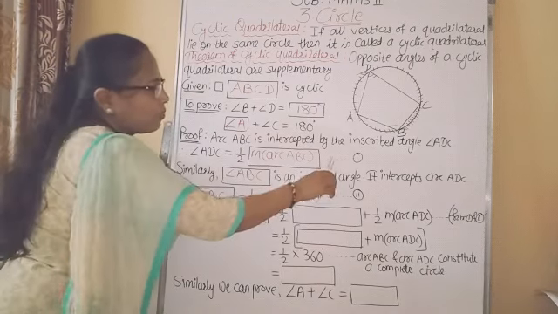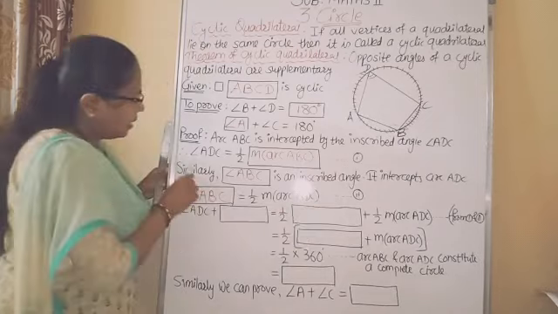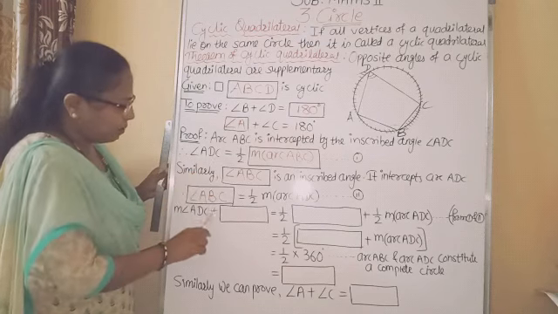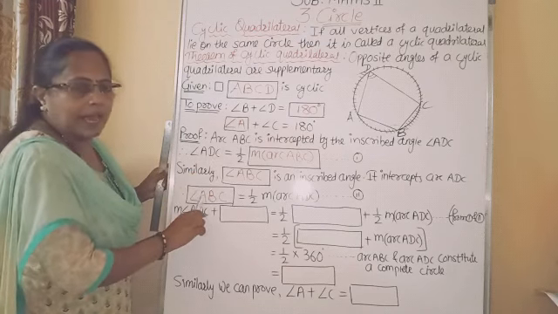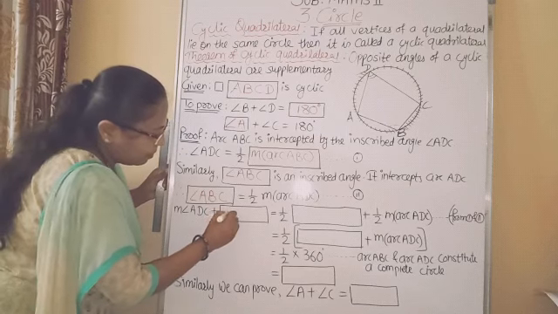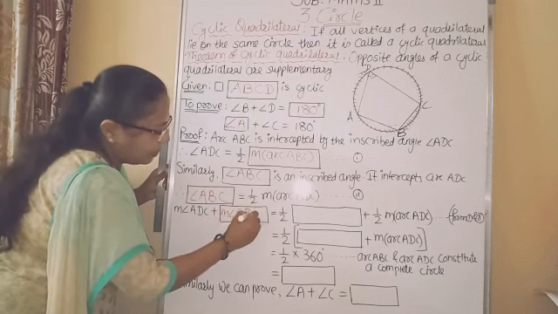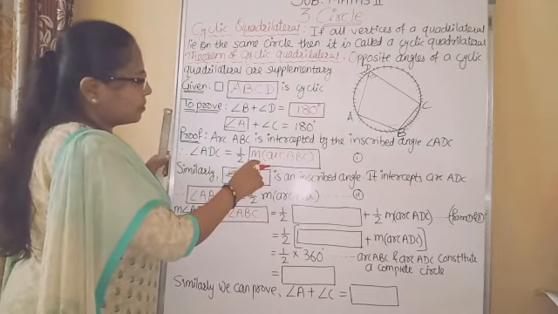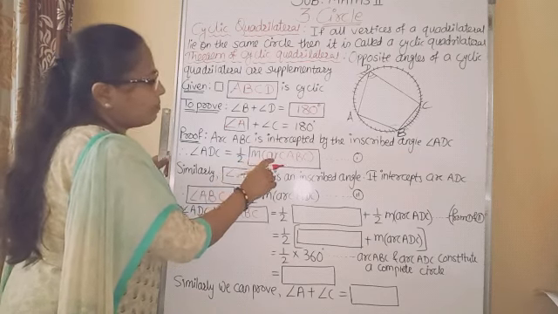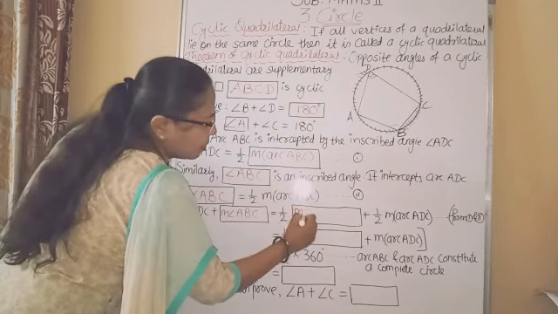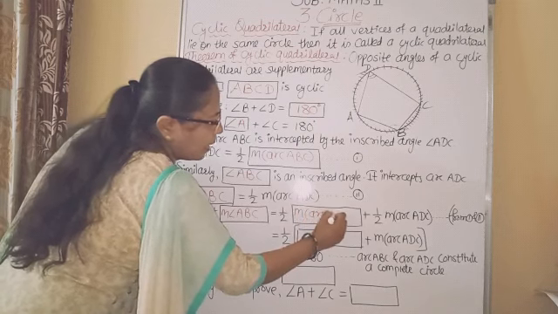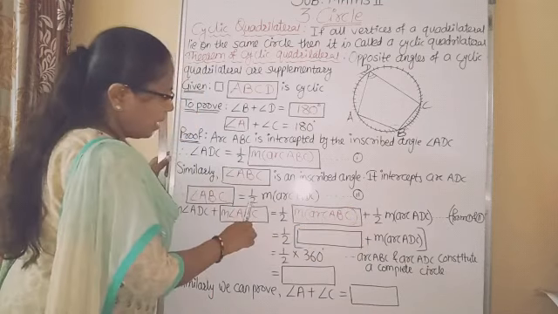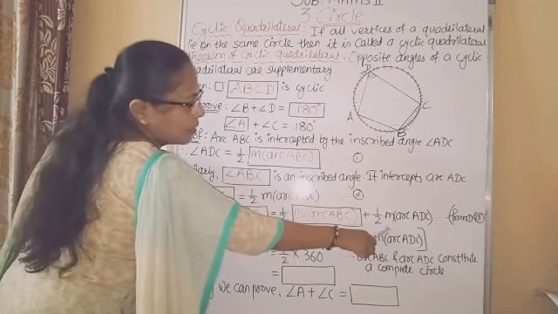Okay. Now here we have to add these two statements. Left hand side addition is measure of angle ADC plus measure of angle ABC, equal to right hand side addition, half measure of arc ABC plus half measure of arc ADC.